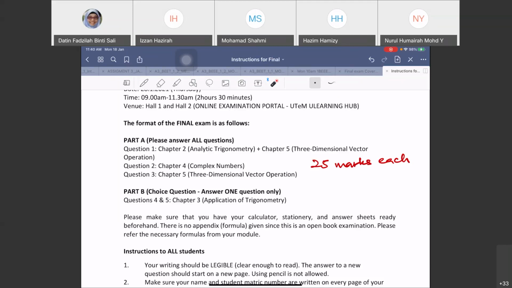Make sure you have enough papers. And not only that, you have your books also, because the appendix formula is not given. There's no appendix given. Since this is an open book exam, because it's online.